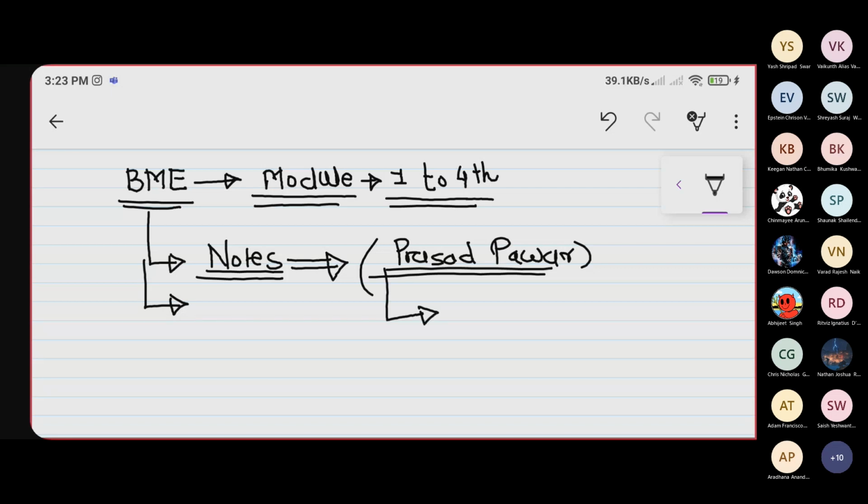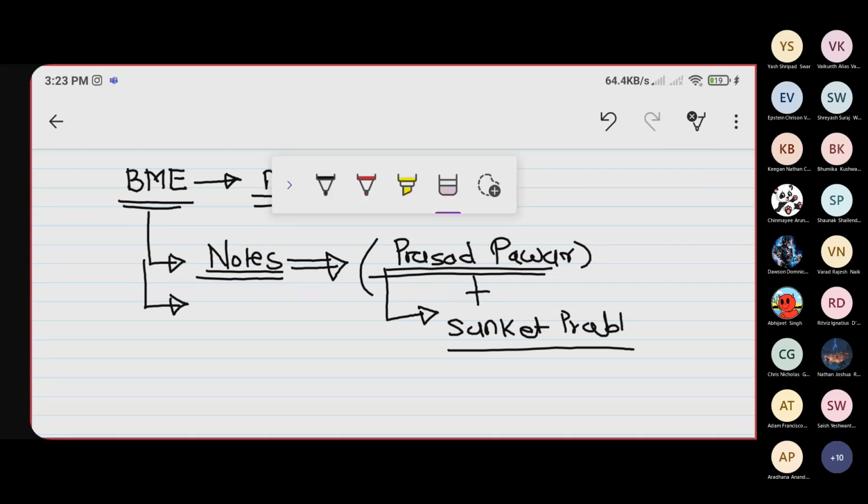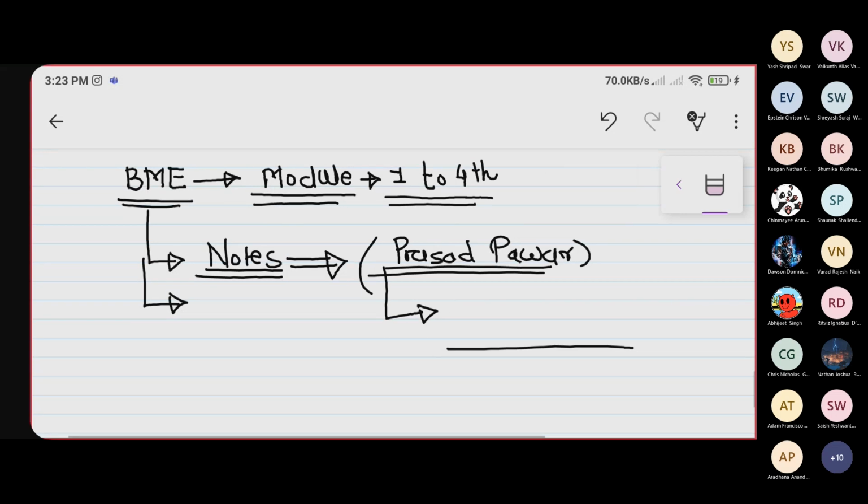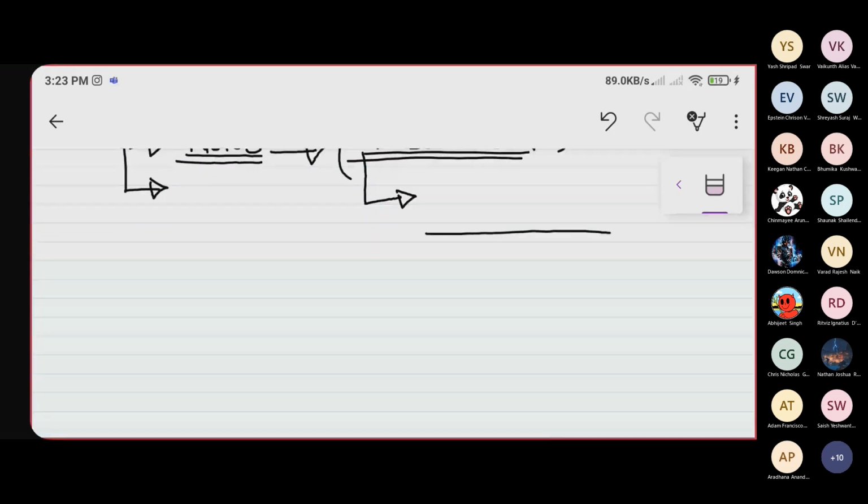Those notes will be there for sure. My notes plus Sanket Prabhu Desai's, who was our professor speaking here. Out of these two, one will for sure be in the hands of a student. I can challenge that. And those notes will be provided to you as and when we complete the syllabus.